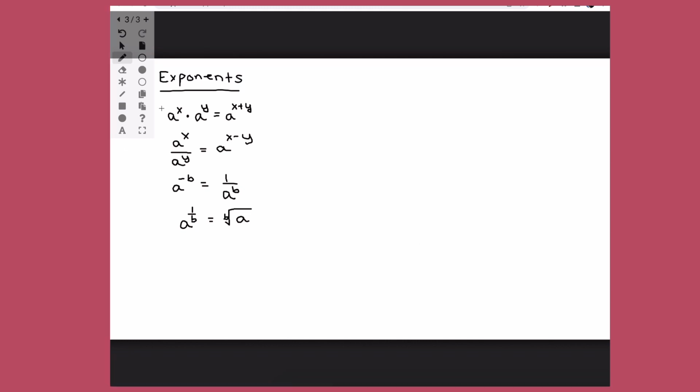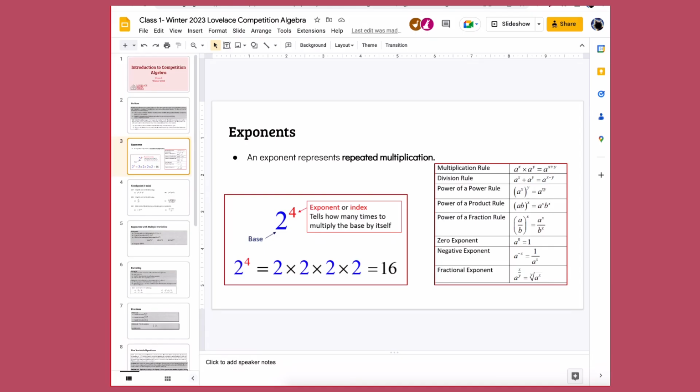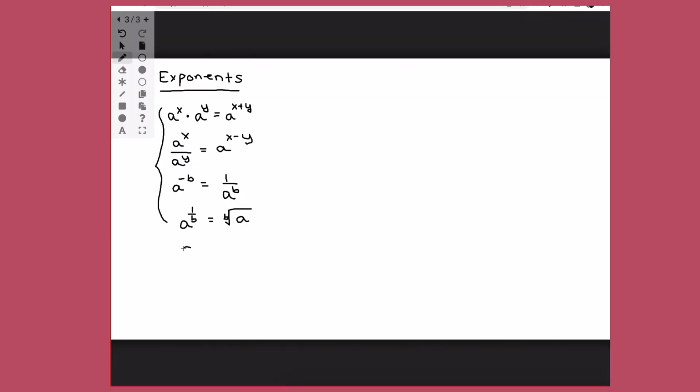These are the most important rules you should know. Oh, and you should also know a to the power 0, for any a, is equal to 1.